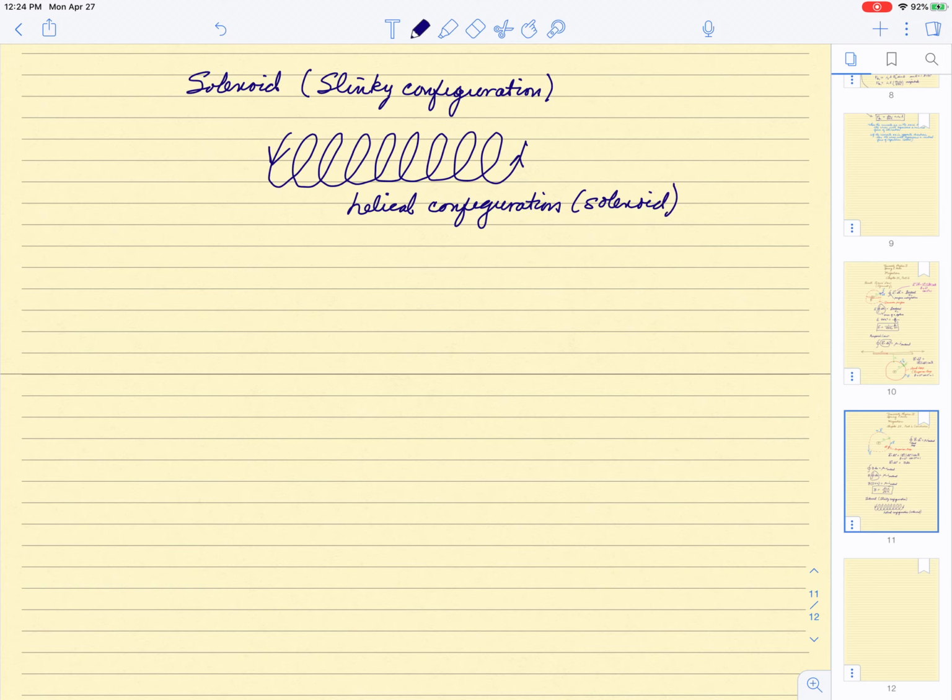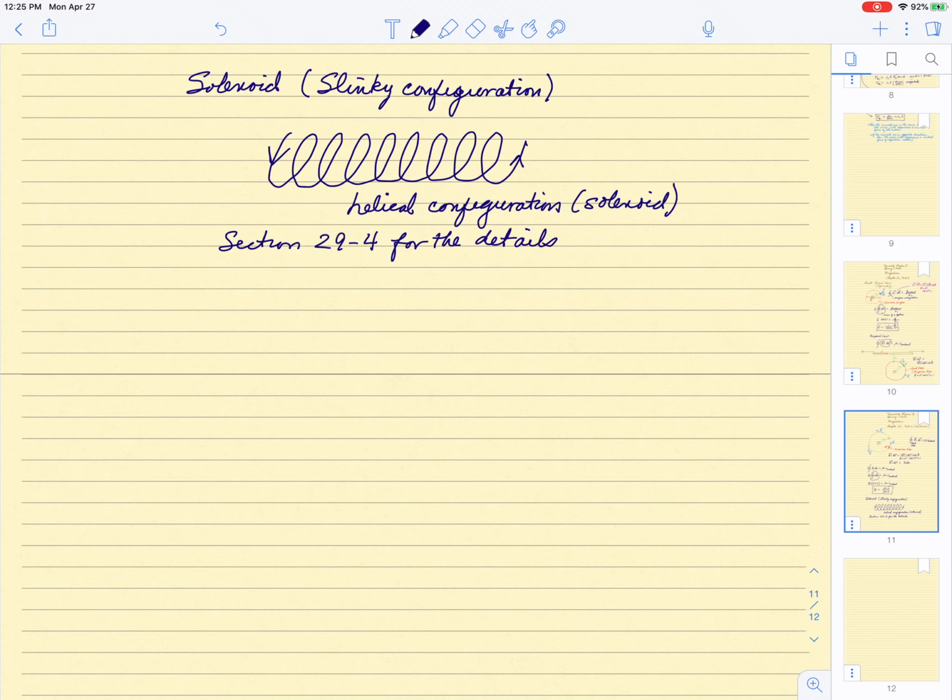One can use Ampere's law here, and if you're up to it, you can look at section 29-4 for the details, and I'm not going to redo that here.